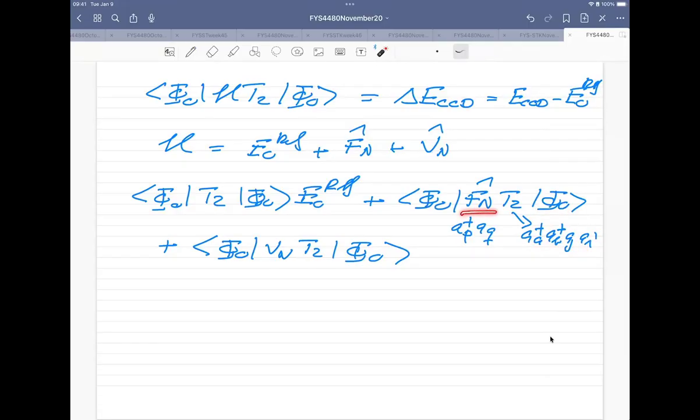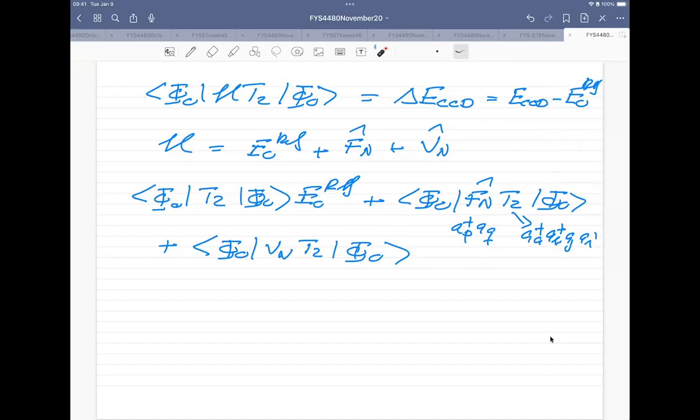But since this is a one-body operator, I can never bring it down to more than a one-particle, one-hole state. So the action of this one together with that one acting on this creates a one-particle, one-hole state times some constants. And then I'm taking an overlap between a one-particle, one-hole state with a zero-particle, zero-hole state. So this term here is also going to be equal to 0.